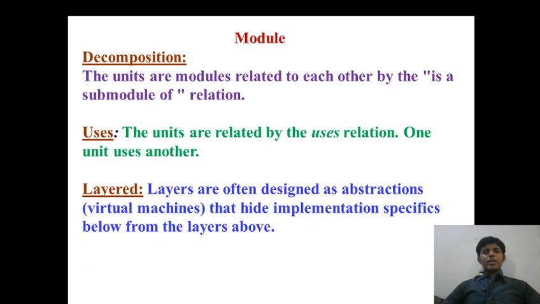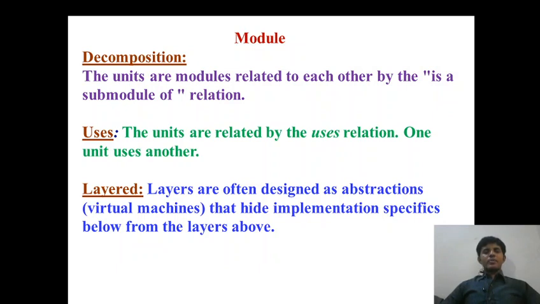Next, layered architecture. Most of the companies prefer this layered architecture also. It uses a high level abstract view. It will hide the internal data, and only the abstract view is represented. The best example for layered architecture is your operating system.